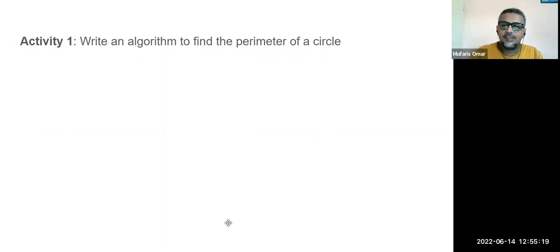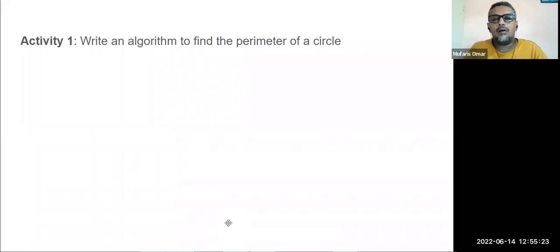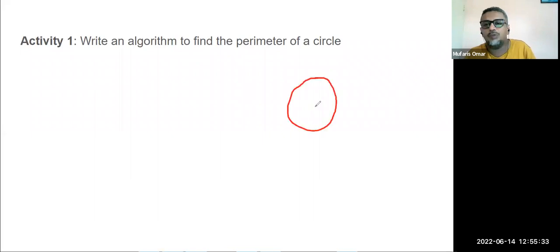Okay, since this is the first example, I will help you. How do you write an algorithm to find the perimeter of a circle? What do you have to do with the perimeter? Let's say this is the radius R. Can someone tell me? Let me name someone here.